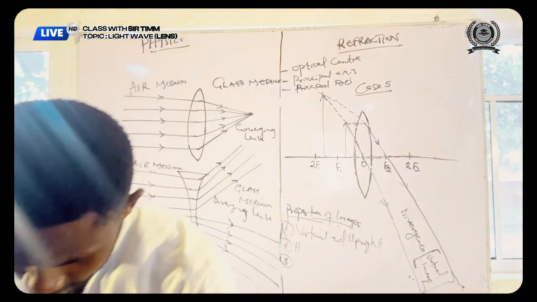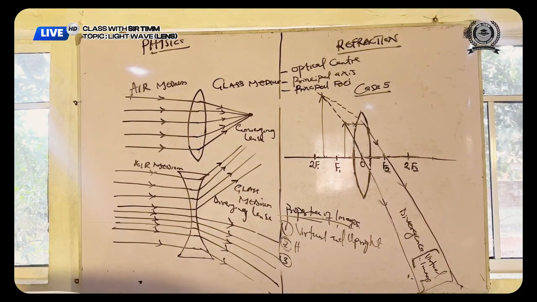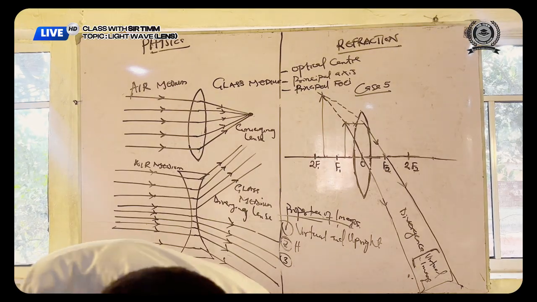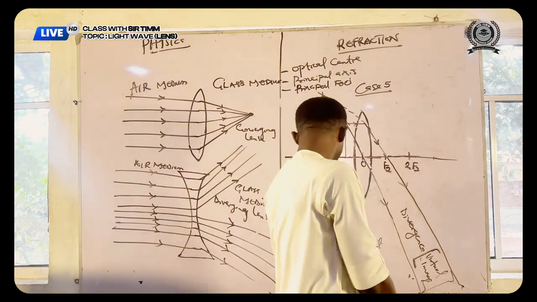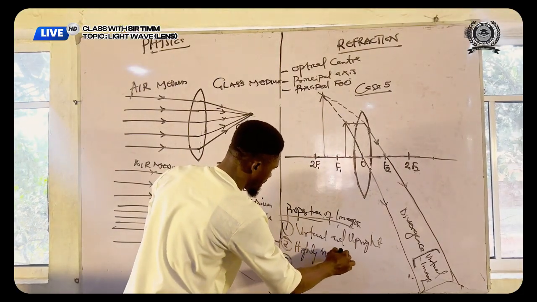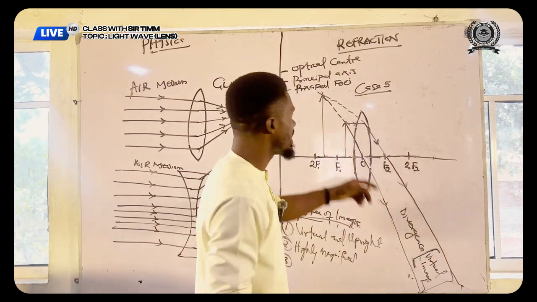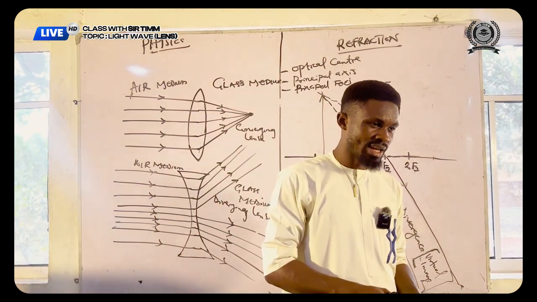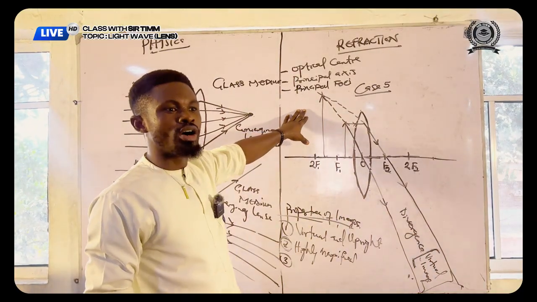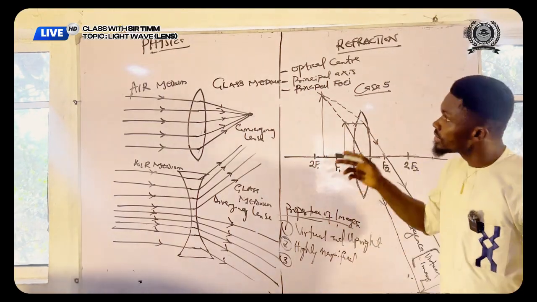Let me see. Measure now. So this is highly magnified. Okay, it's 1.5. This is almost 3. So highly magnified, right? And this serves as a magnifying glass. All magnifying lenses or magnifying glasses are made up of what?